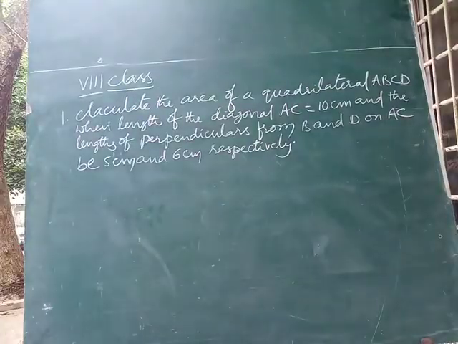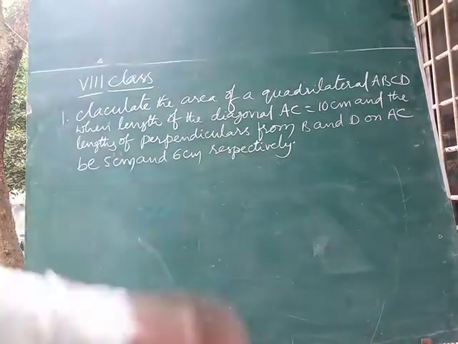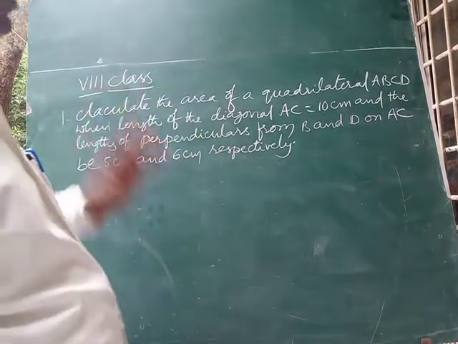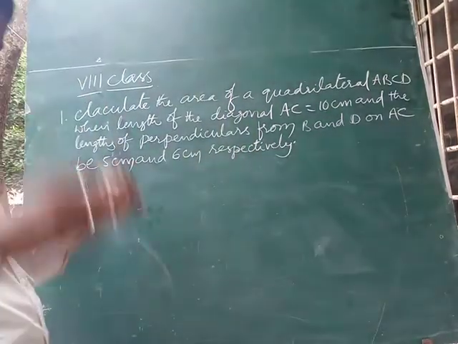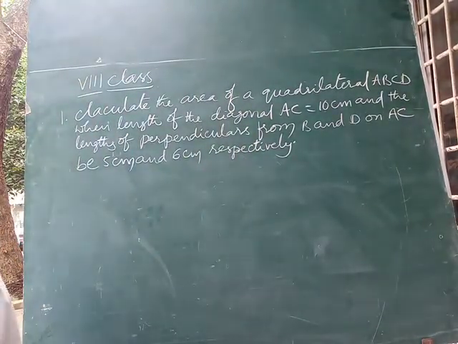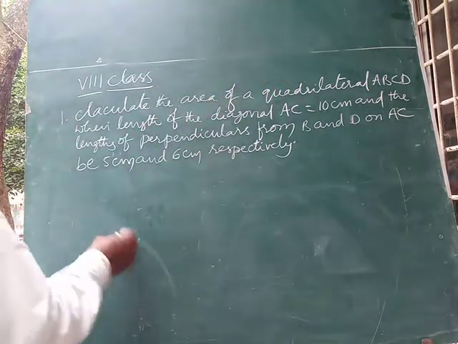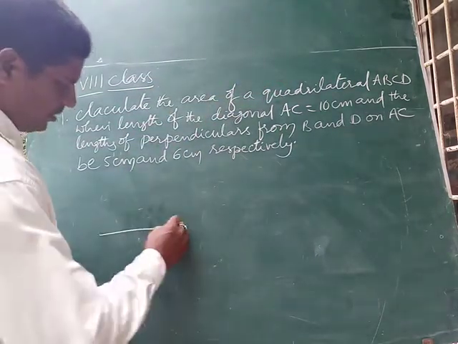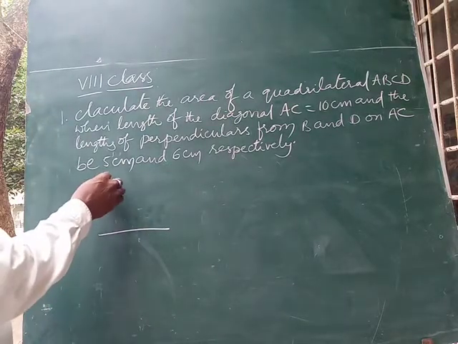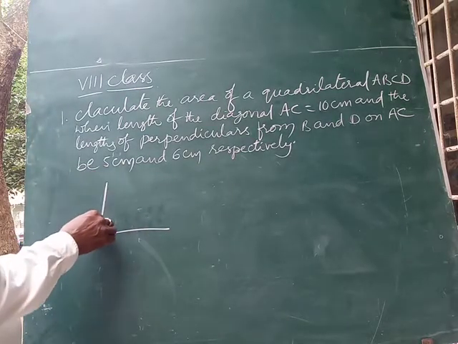This is the question. The question looks very big, but the answer is very simple. First of all, draw a quadrilateral. It means it has four sides.